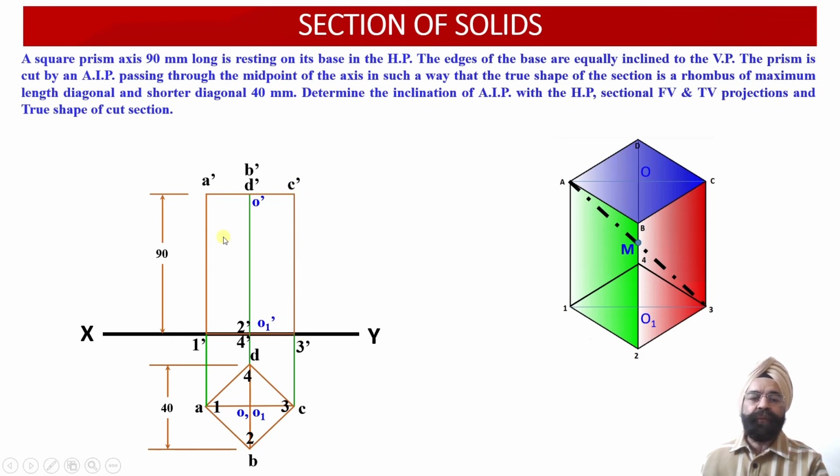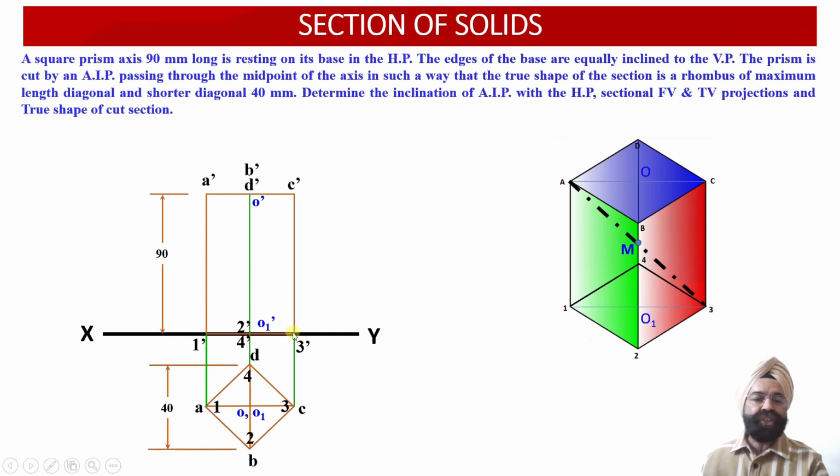Accordingly, whatever length of the edge we obtain will correspond to the 2 points of intersection obtained with the auxiliary inclined plane, which is going to cut this solid inclined to the horizontal plane. We can check: if we have these 2 points of intersection, the edge length will be shorter. If we have 2 points of intersection as these 2 points, the edge length will be increasing.